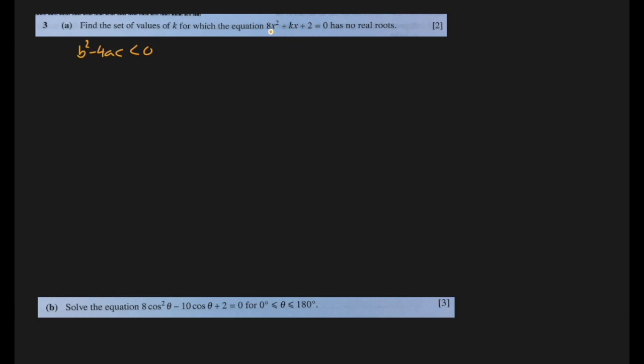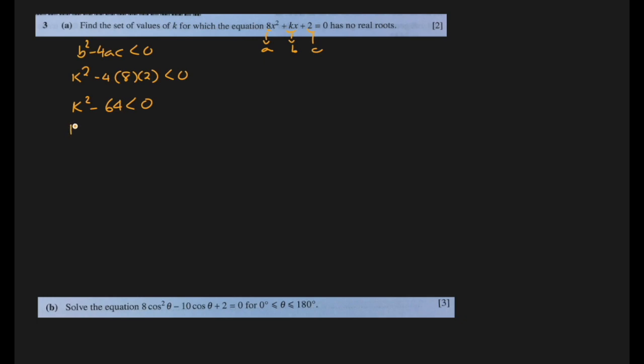What is a? a is 8. b is k, and c is 2, and that's what we will substitute here. So k squared minus 4 times 8 times 2 is less than 0. So k squared minus 16 times 4, 64, is less than 0.